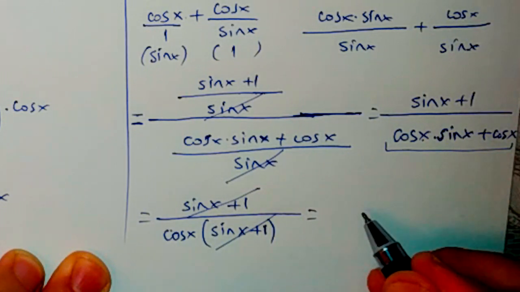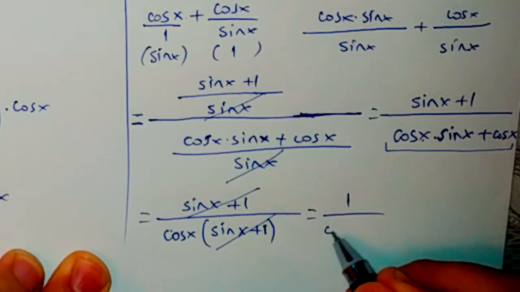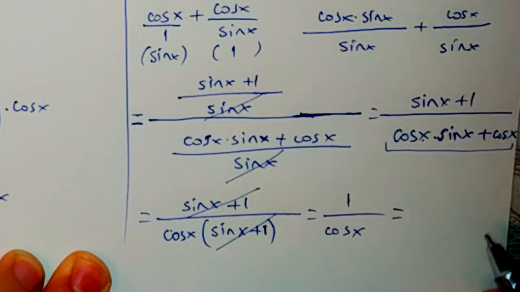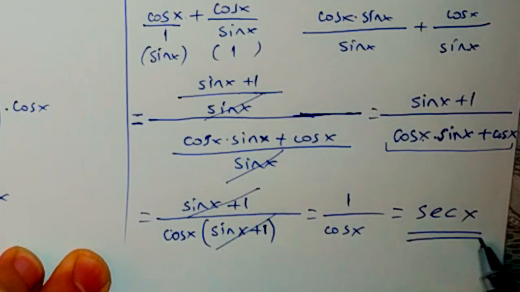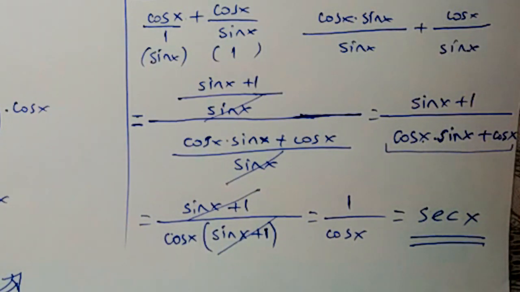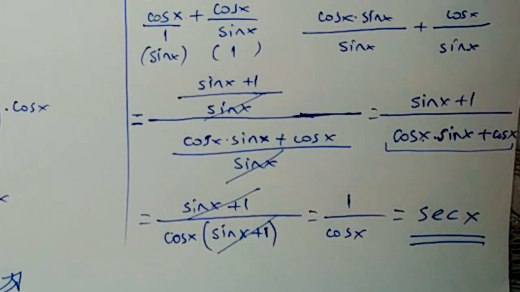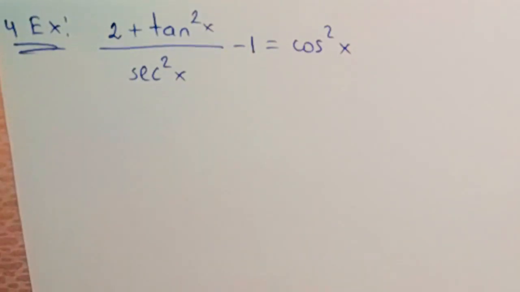And in the end we get 1 over cosine x, that is equal to secant x. And this trigonometric identity is verified too.